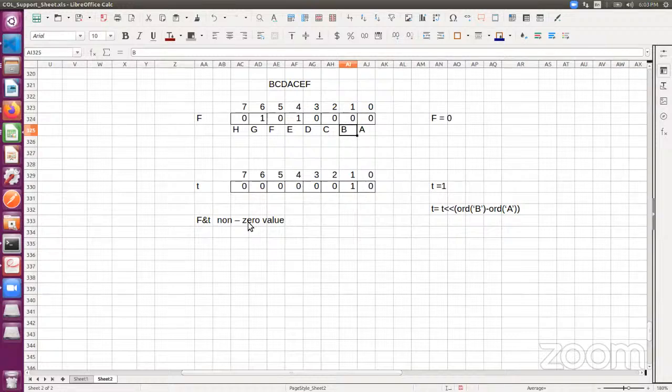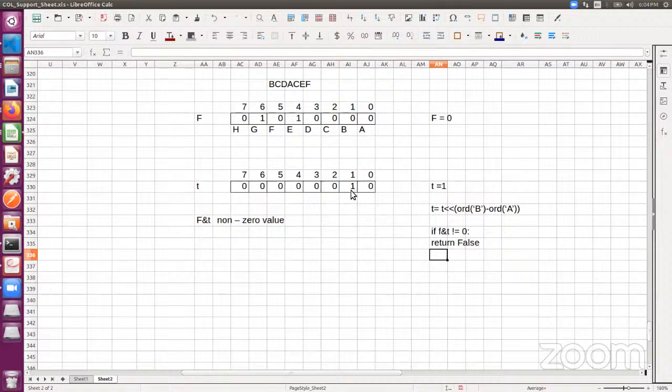Understood, right? Okay. So the condition is if F and T is not equal to 0, you will directly return false. Else, what would you do? Now we have found that the corresponding character is not present.